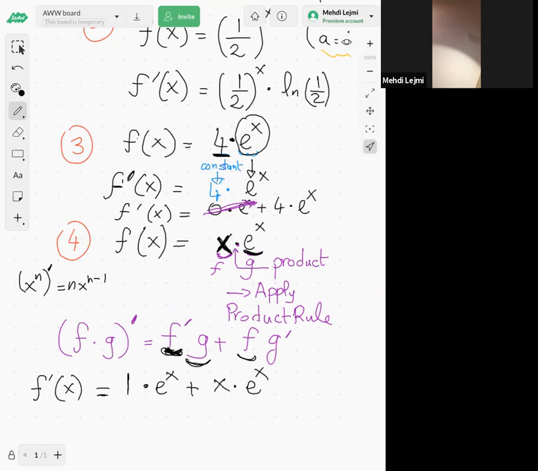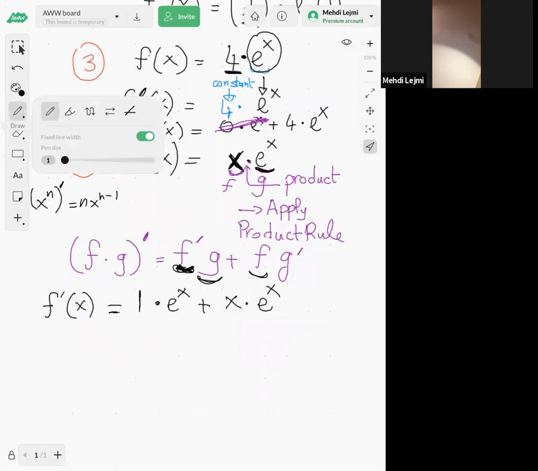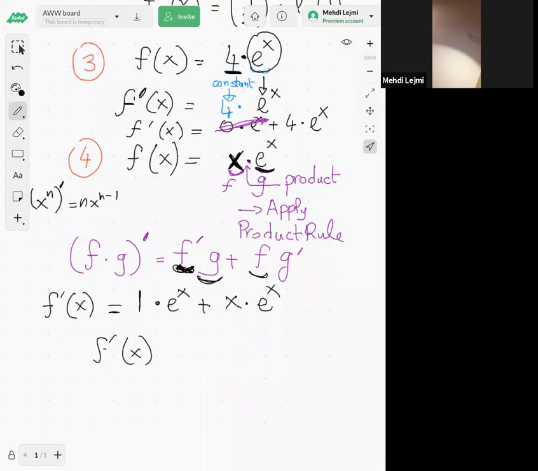So f prime of x is 1 times e to the x, which is e to the x, plus x times e to the x. All right, this is the final answer.